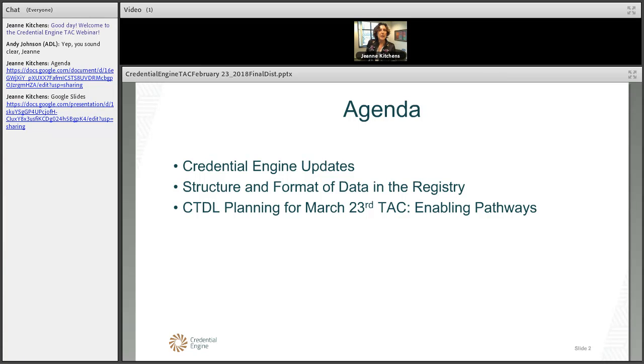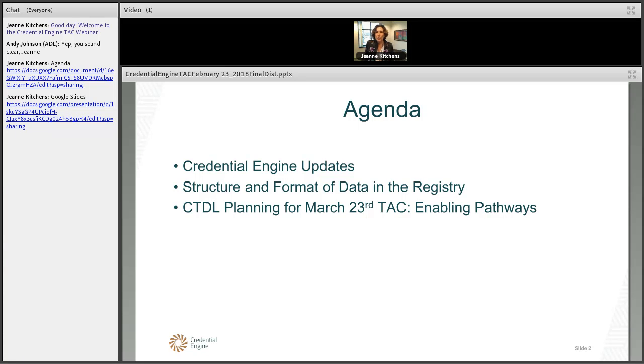And then I'm hoping for the next TAC meeting, we'll look more at the search endpoint, because I think we've covered the publishing side, all the publishing options that are available, the new account system. We're now looking at what is that structure of the data in the registry, and then we'll follow up with how do I get the data out from the search endpoints that are available from the registry as well.